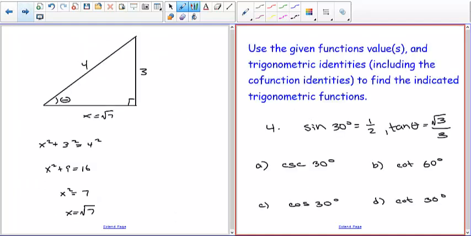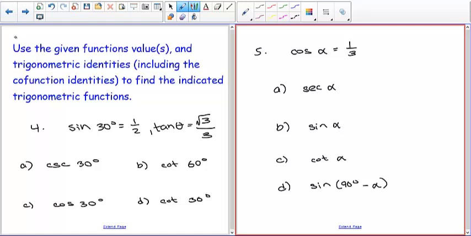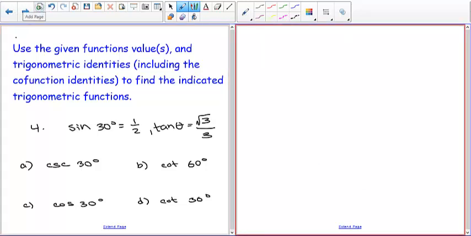Okay, next one. Use the given function values and trigonometric identities, including the cofunction identities, to find the indicated trigonometric functions. So we're told that the sine of 30 degrees is 1/2.